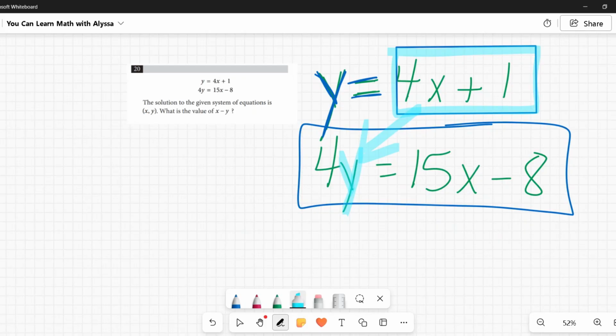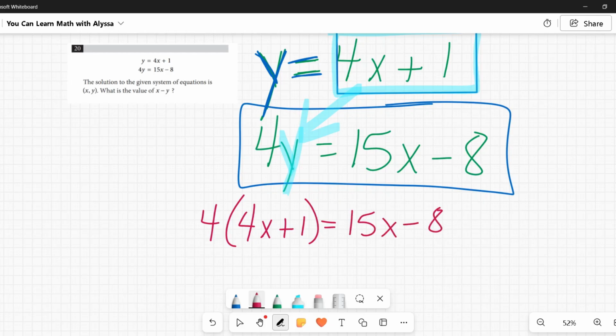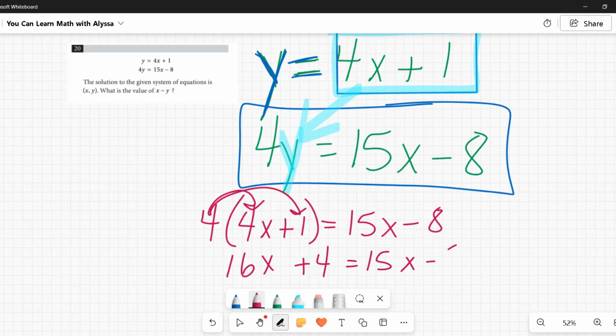So let's do that and then we're going to solve. So 4 times my y is 4x plus 1, and that equals 15x minus 8. If I distribute, 4 times 4x is 16x, 4 times 1 is 4, equals 15x minus 8.